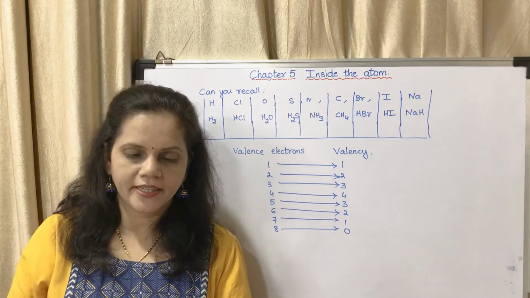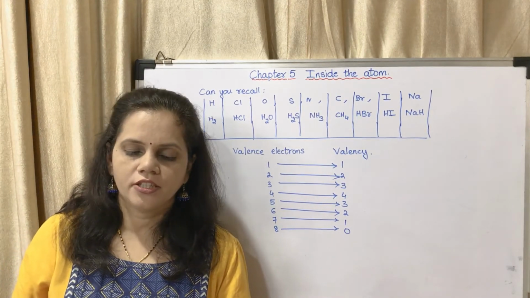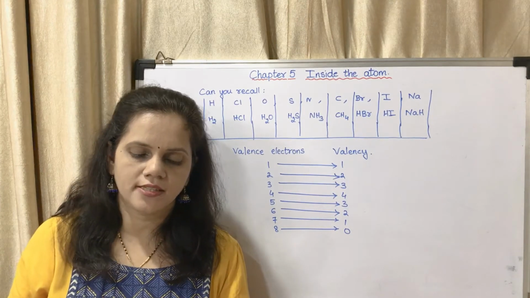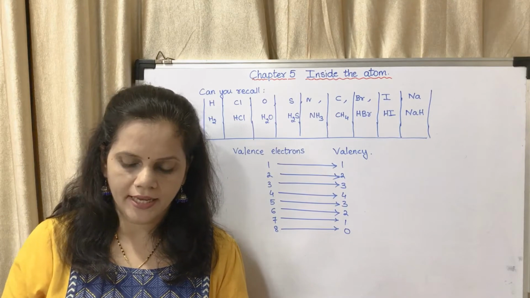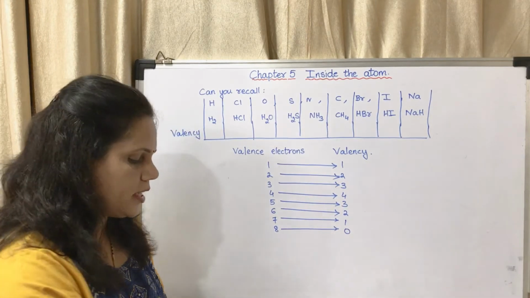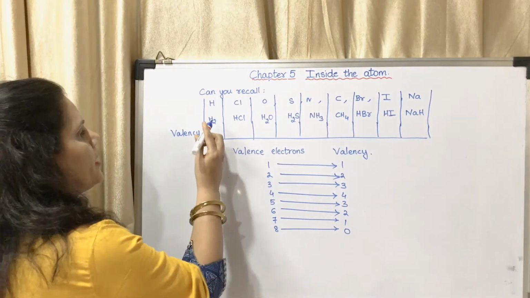Now on page number 34, can you recall? Use the following molecular formulae to determine the valencies of H, Cl, O, S, N, C, Br, I and Na. So this is the question. In this, they have given the molecular formula.